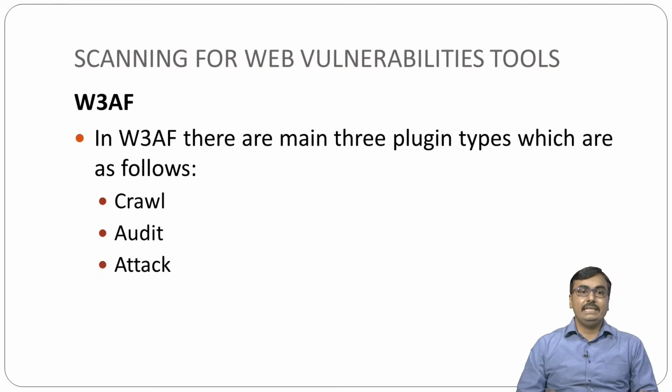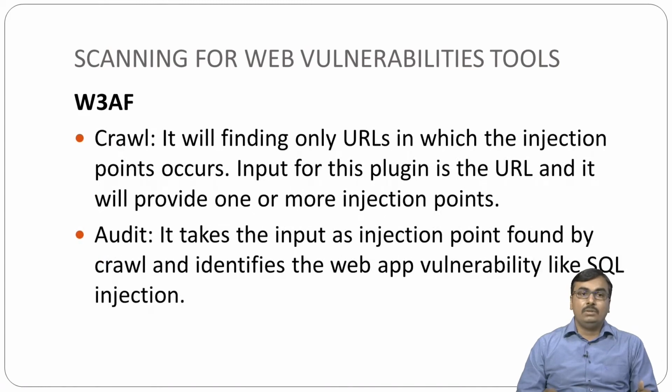W3AF supports three kinds of plugins: crawl, audit and attack. Let's see what crawl is. Crawl finds the URLs in which the injection point occurs. That means the URL is found through the crawler. The input for this plugin is the URL and it provides one or more injection points.